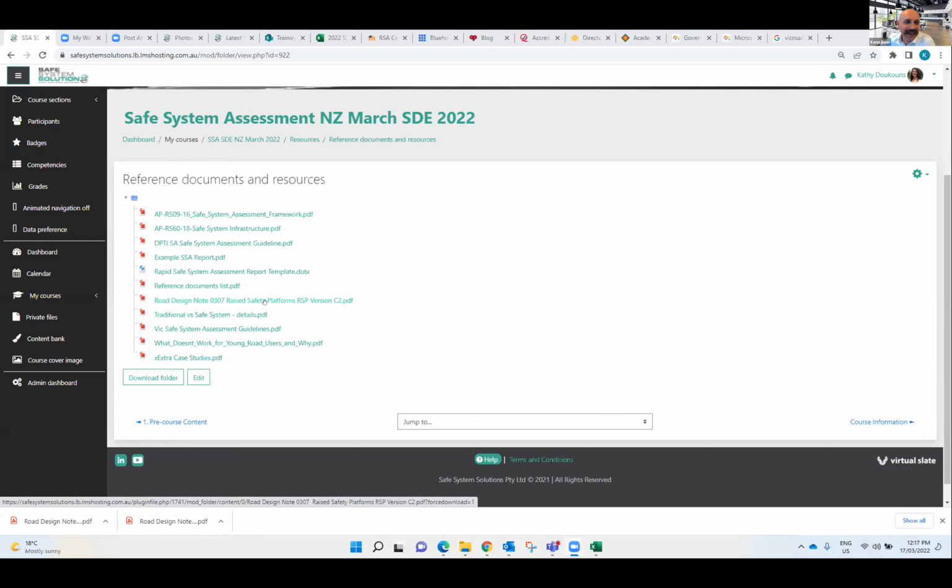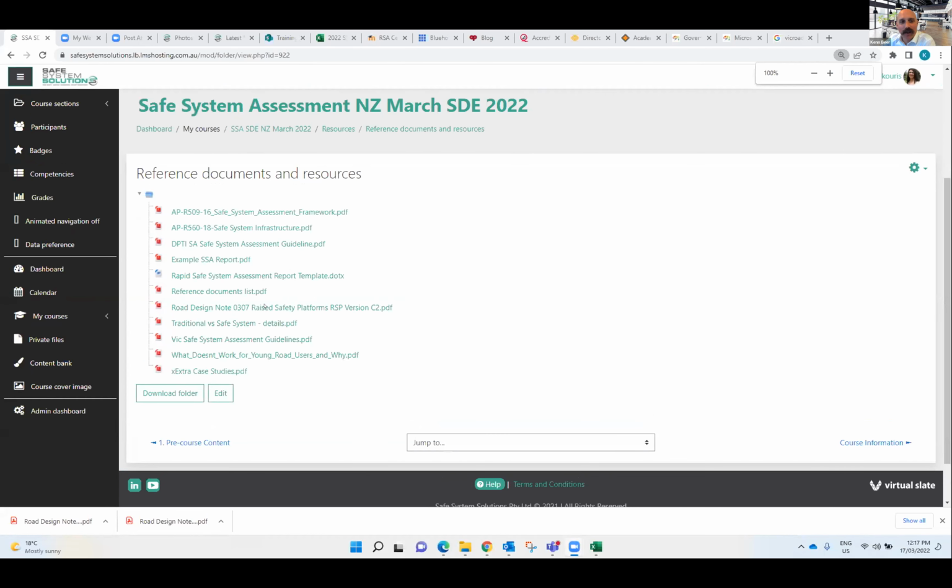Yeah, RDN 0307 is a good one. And actually, there's also now the Austroads document, which, as I mentioned, was produced by some really great New Zealanders, which has a good bit of information in that. And we have some safe system snippets on ramp grades for speed and heavy vehicle as well. So lots of resources available.